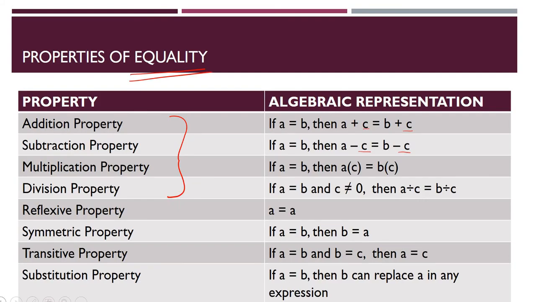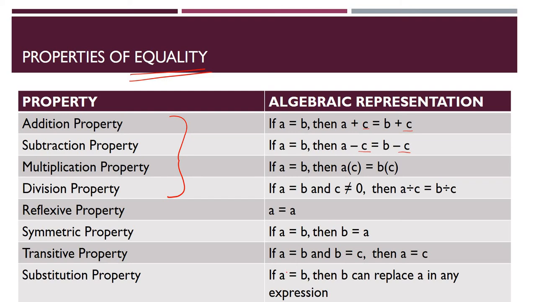The next one is the reflexive property. Simply says that A equals A. In other words, if I have the same thing, it equals itself. Symmetric property. We also sometimes think of this as the commutative property, but the symmetric property refers specifically to two values. If two values equal each other, then you can say that they equal each other in either order.